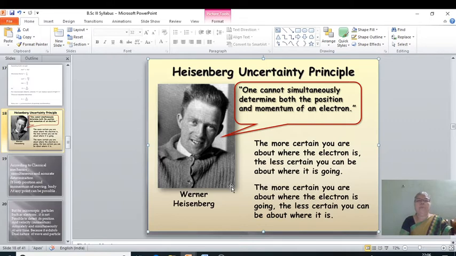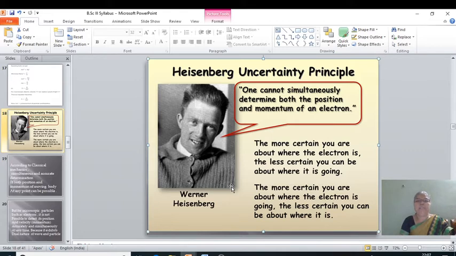Suppose, for example, our moving body or moving particle is an electron, and it has very small dimensions or micro size. According to Heisenberg's uncertainty principle, the simultaneous and accurate determination of position and momentum of an electron is impossible.